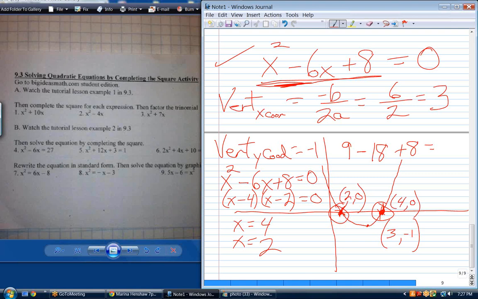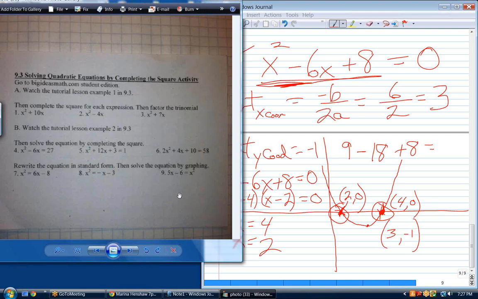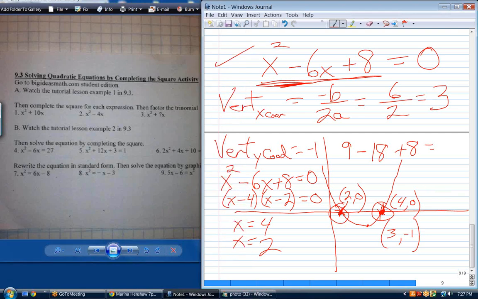But notice what I had to do in order to graph it. I had to factor it first and then graph it. So to solve the equation by graphing doesn't really make any sense. We cannot solve that equation by graphing it. We can solve it by factoring it and figuring out what the solutions are.